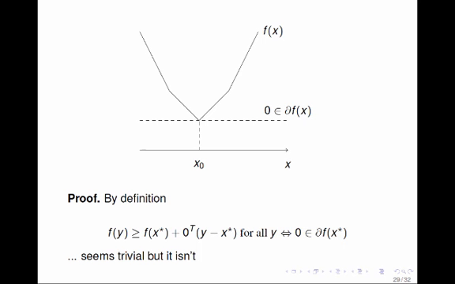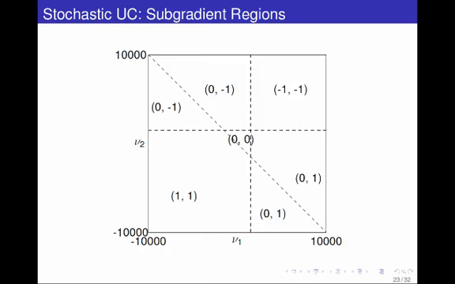This can be useful as a termination criterion, but unfortunately it's rarely the case that you get 0 as a response from your software. For example, in the case of stochastic unit commitment, if I land over here, if I land in the triangle, then I will definitely get 0, 0 as an answer, and I know I'm optimal. But if I land in this corner here, any of these 4 responses, or any member of their convex set, could be sent back.